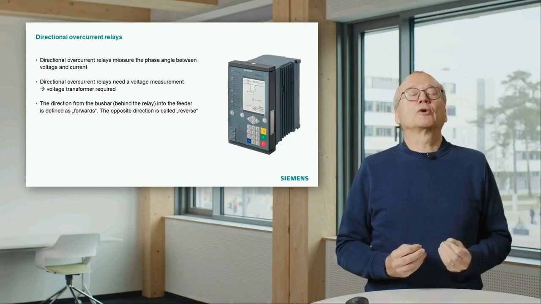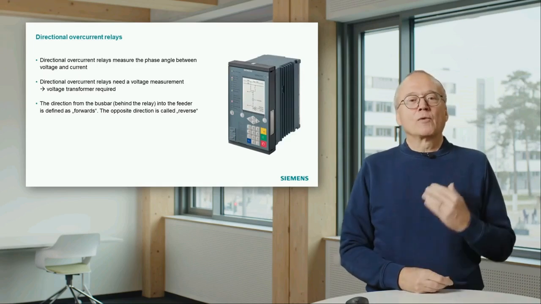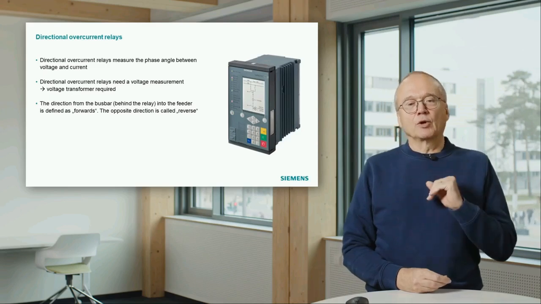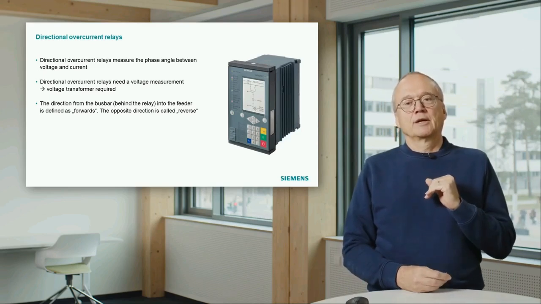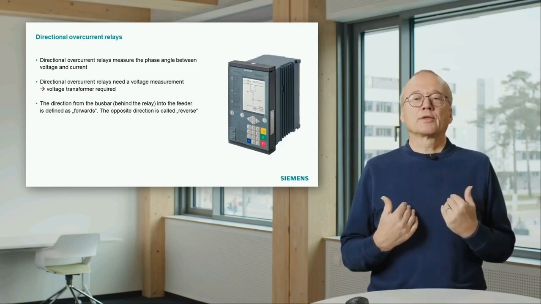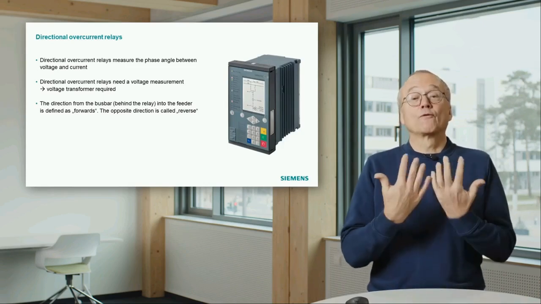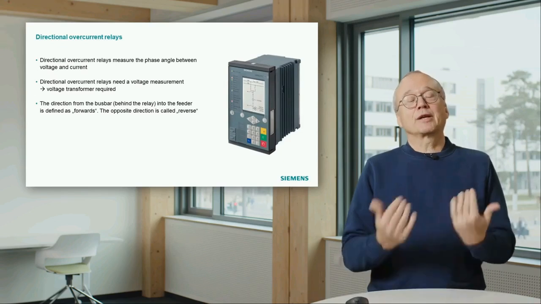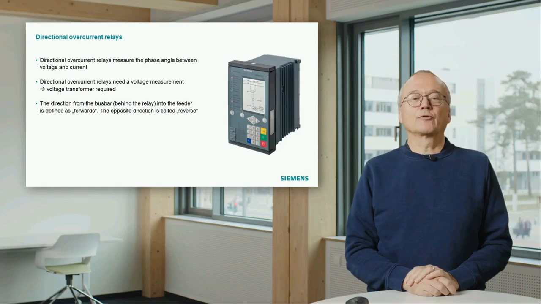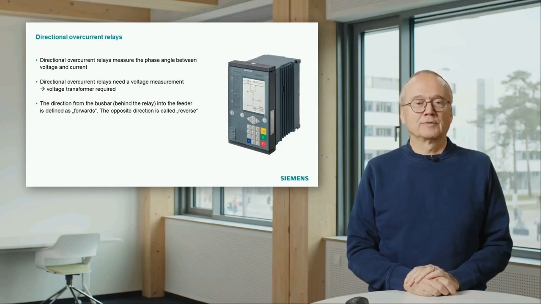If we talk about the direction of the current, we measure the phase angle between the current and the voltage. And if that is within a certain range, we say the current is forward. And if that is outside this range, we say the current flow is reverse.